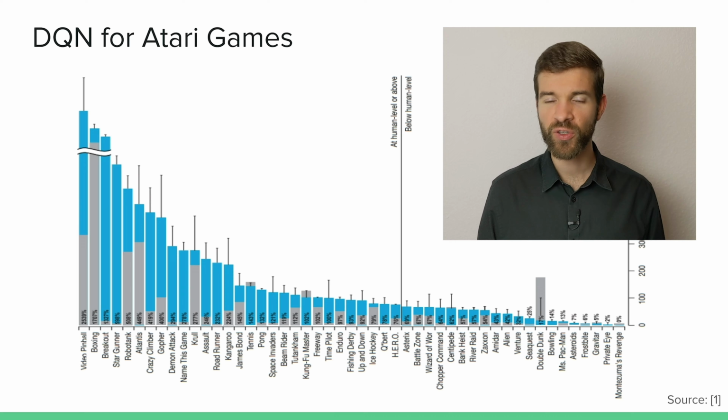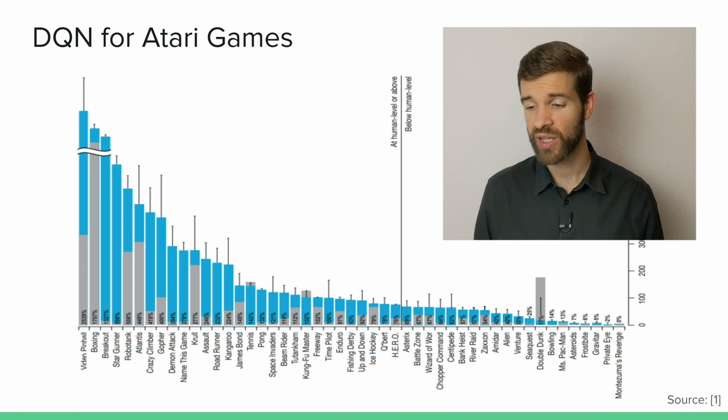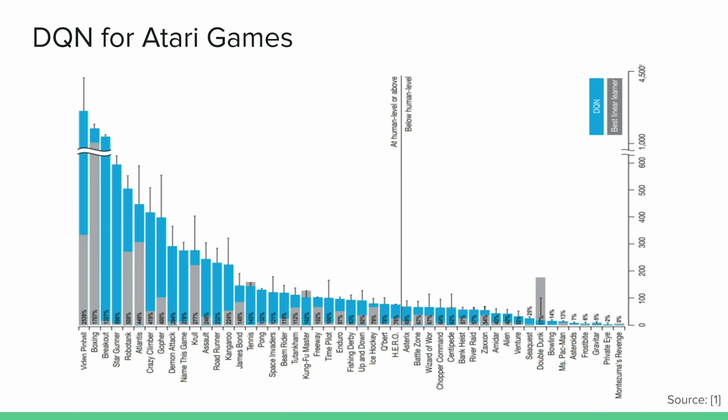This is the overview of Atari games that they trained on. So we can see that there is a wide range of games on the left of this bar here, which says at human level or above, like boxing or breakout, the game where you move the paddle and you have to kick blocks at the top.